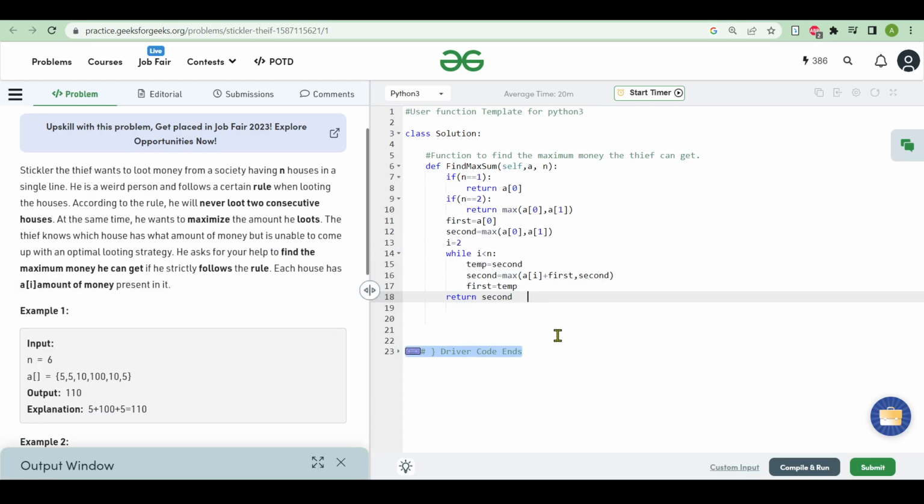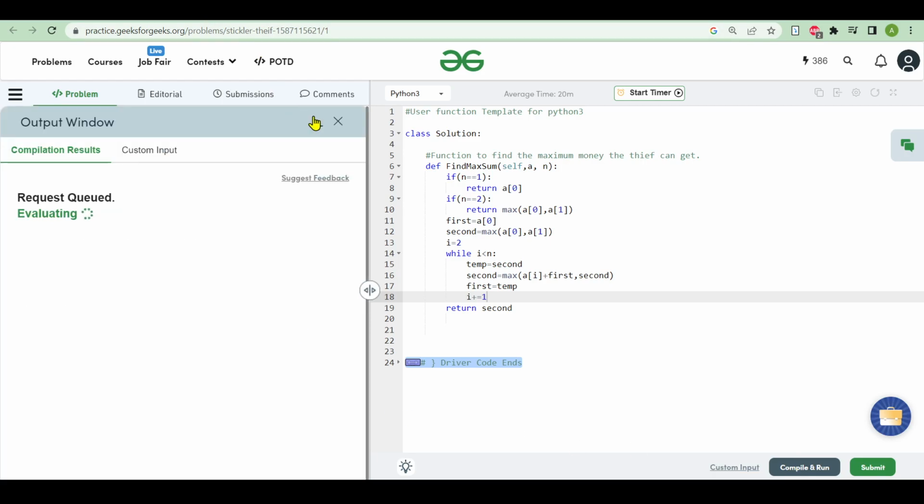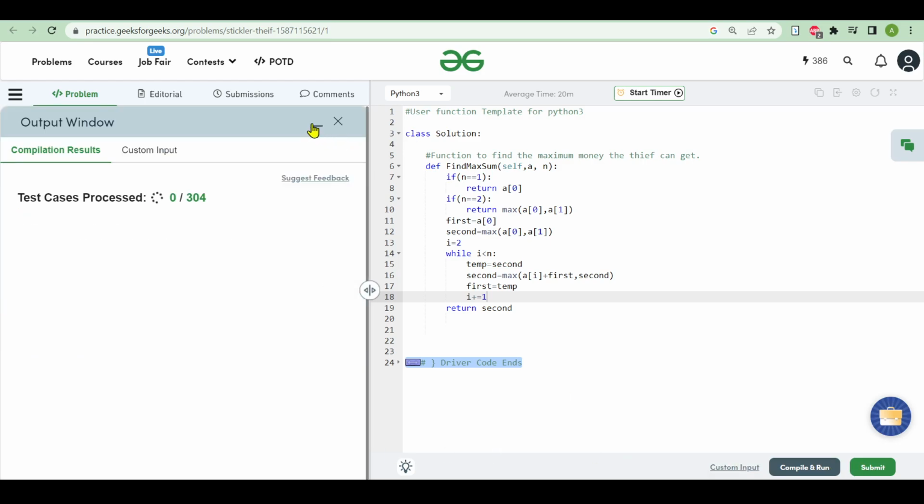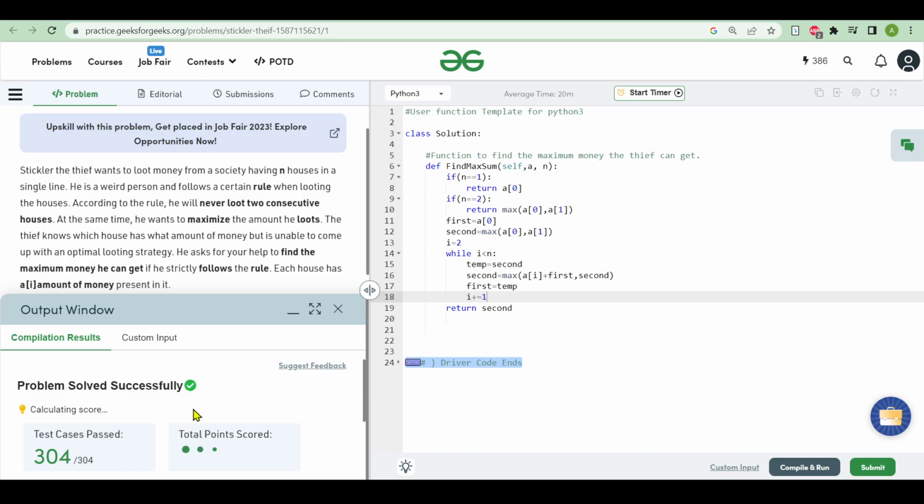Oh, I have not updated the value of i here, so I need to do i equals i plus 1. Now again running it. Yes, it is showing the correct answer. Trying to submit it. Yes, all the test cases are passed.